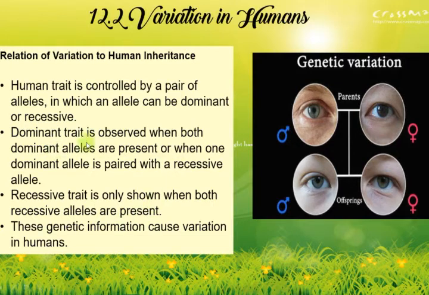A recessive trait is only shown when both recessive alleles are present. This genetic information causes variation in humans, because of the presence of dominant and recessive alleles.